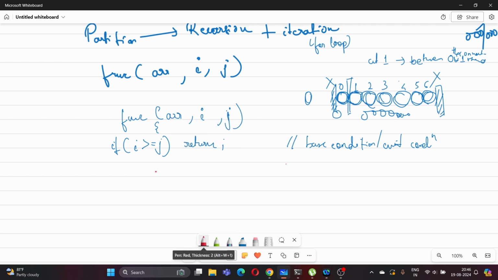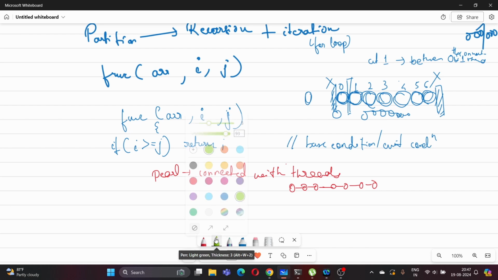So basically pearls connected with threads, it's like this. I cannot cut it in the beginning. Cannot cut it in the end. Let's just number this for simplicity's sake.